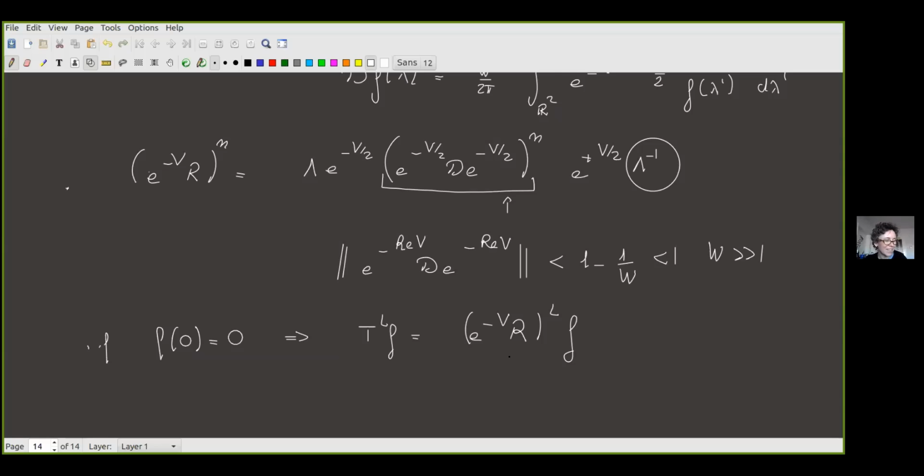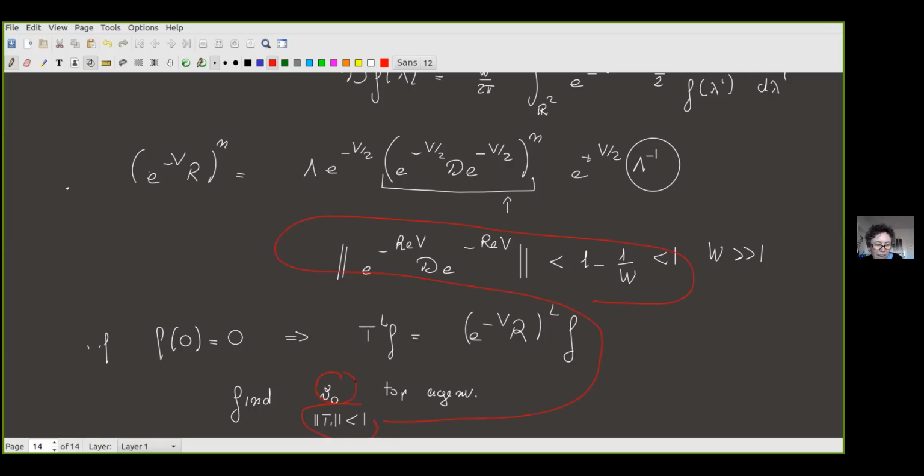Maybe the last remark is, to actually make this construction rigorous, as in the standard case, we want to find V0, which is the top eigenvector. And more or less, we want to prove that the norm of T1 is smaller than 1. So this corresponds to proving that this norm is smaller than 1.